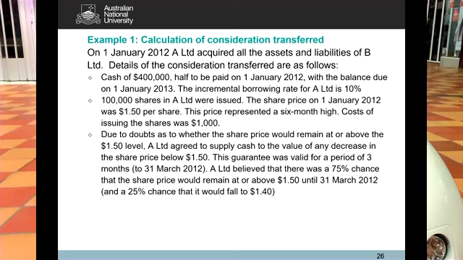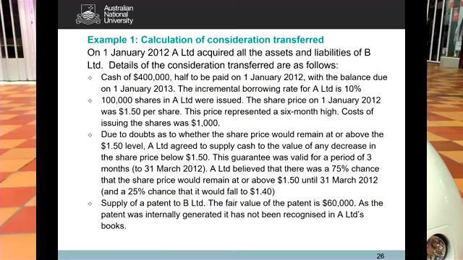So you need to make sure we always know how to calculate the consideration transferred and the fair value of net assets. Otherwise, you would get big trouble with consolidation, because that's the very first step. So this is just the fundamental basics for the following lectures. Make sure we understand those.